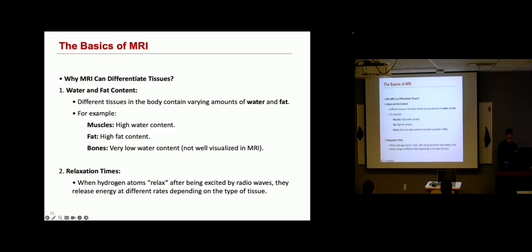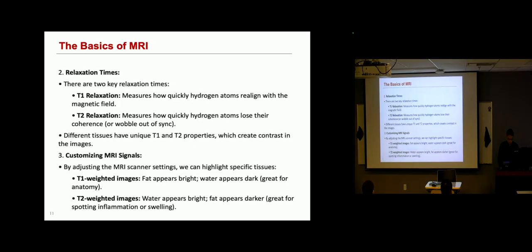And these hydrogen atoms, after being excited by the radio waves, can release energy at different rates based on the tissue type, because of these different water and fat contents. So these relaxation times will result in different contrast in the image.